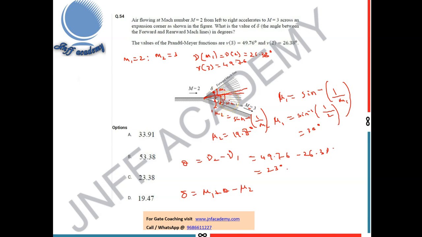That's it. So mu1 is 30 plus 23 something minus 19.27. If you calculate that, you will get somewhere close to 33.91 degrees. So option A is the right answer.